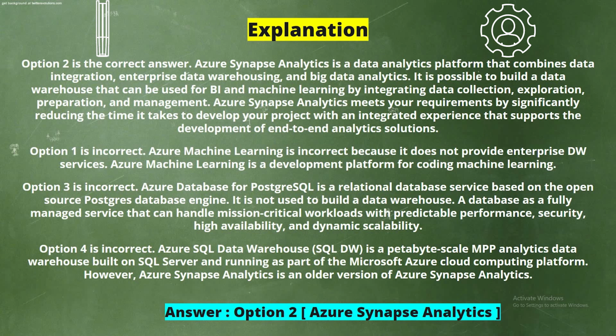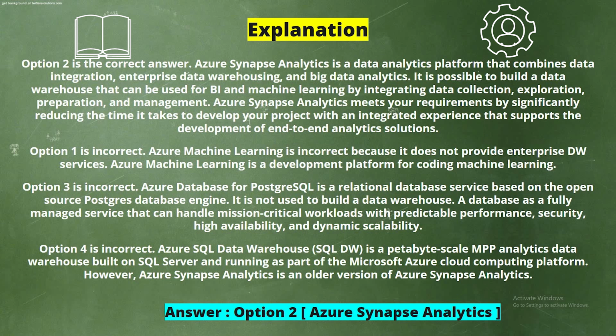Option 1 is incorrect. Azure Machine Learning is incorrect because it does not provide enterprise DW services. Azure Machine Learning is a development platform for coding machine learning. Option 3 is incorrect. Azure Database for PostgreSQL is a relational database service based on the open source Postgres database engine. It is not used to build a data warehouse.